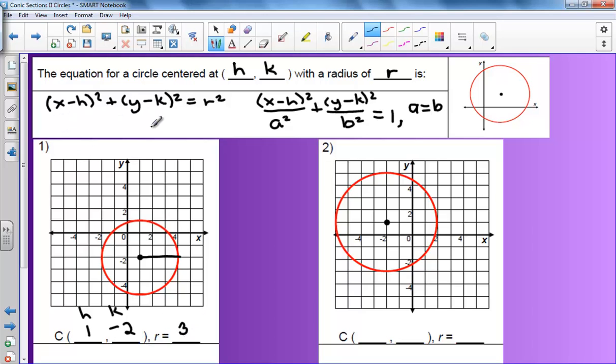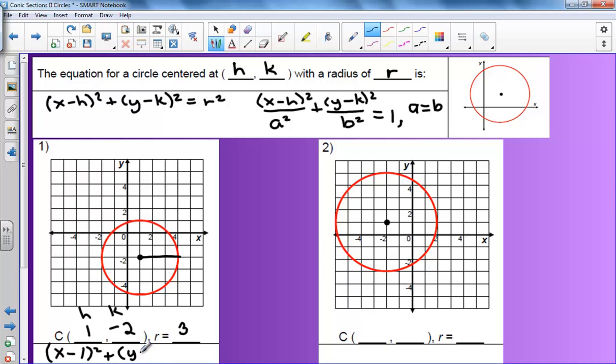And so from there we're just substituting in numbers to write our equation. So I have x minus, and remember, just like it always has been, h is going to change its sign. So if it was a positive 1 here, I'm going to put (x minus 1) squared plus (y minus k).